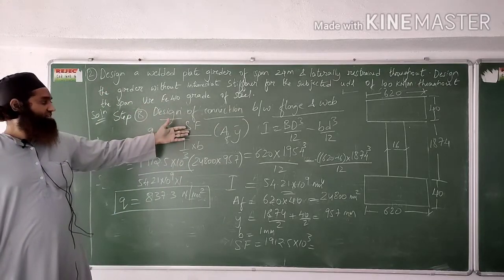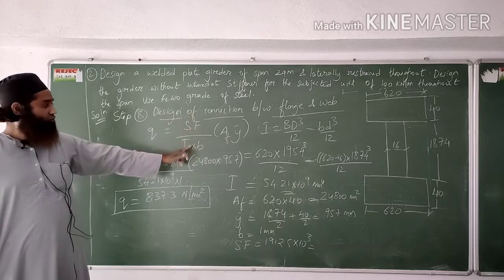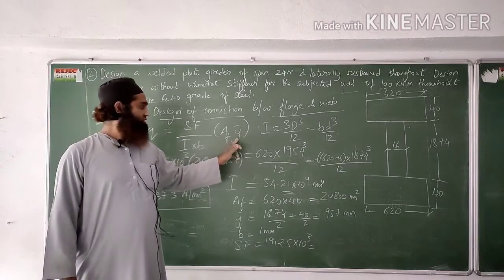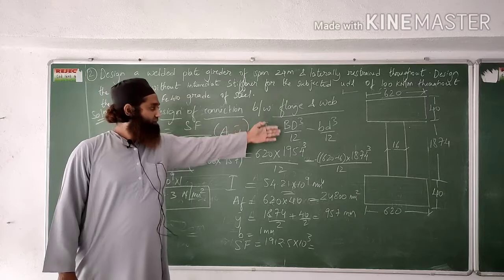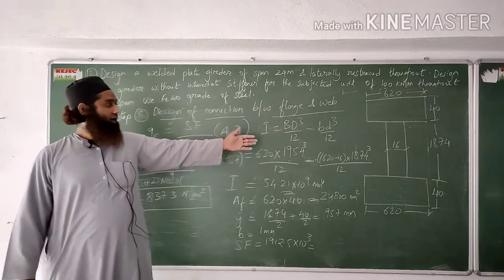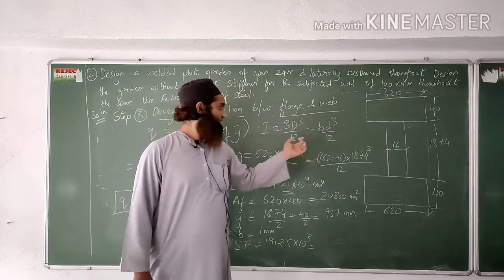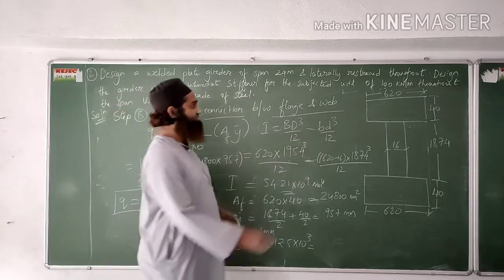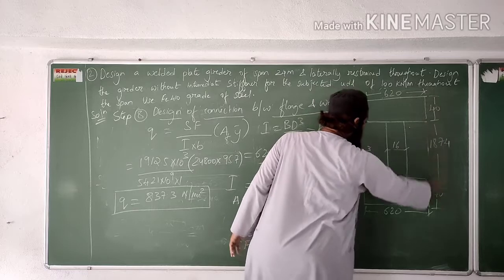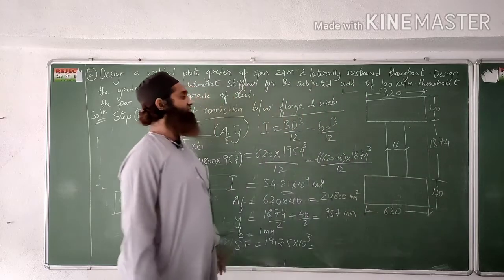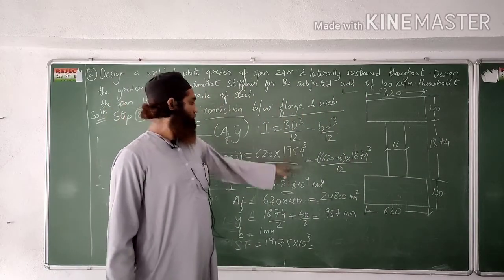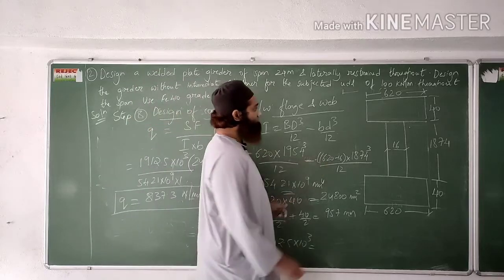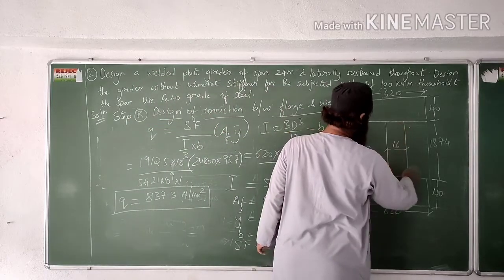Q is equal to SF, that is VU, by I into B into area of flange into Y bar. I is the moment of inertia. How do you calculate it for this hollow section? BD cube by 12 minus bd cube by 12. How did I take BD? This is capital B and D is the whole D, 40 plus 1874 plus 40, that is 1954 cube by 12. Now what is small b? Small b is this B, but we have to remove this 16 from here.